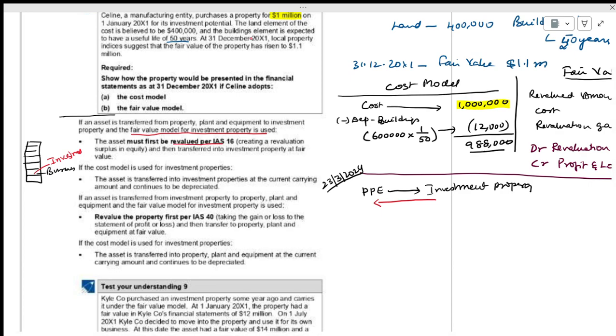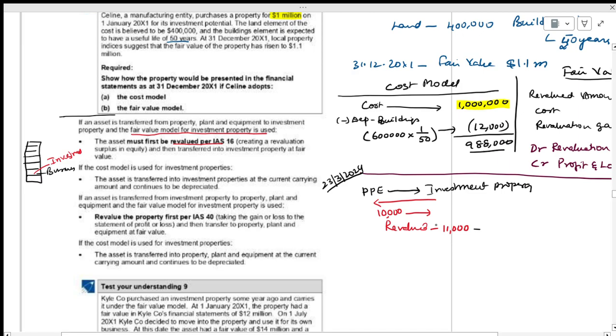Assume we are taking into consideration a value of the asset of 10,000, and it is transferred to investment property. First you have to revalue this. You are revaluing it and assume you are taking it on a higher side, a revaluation of 11,000.